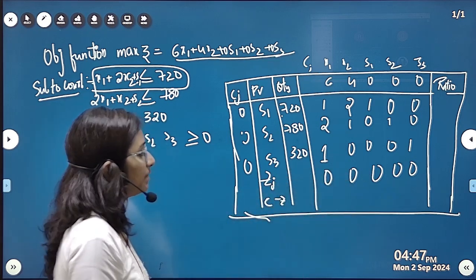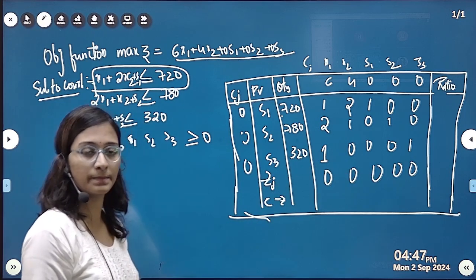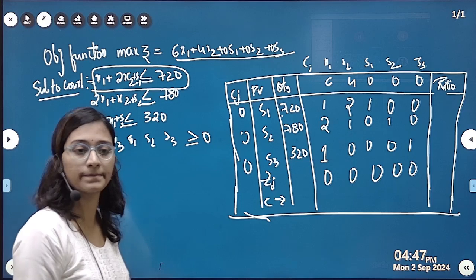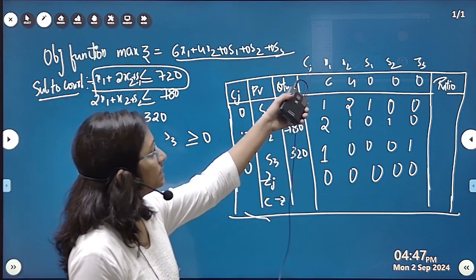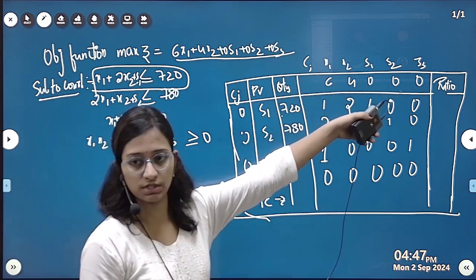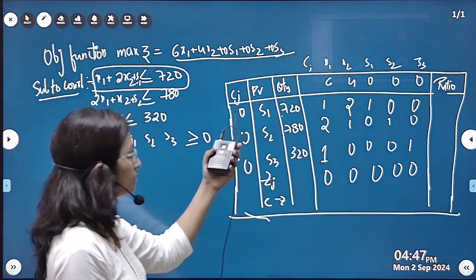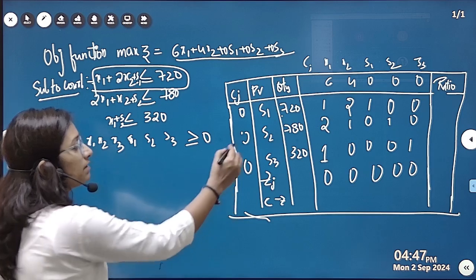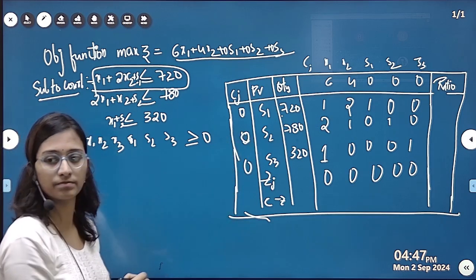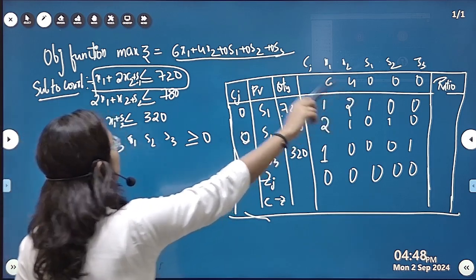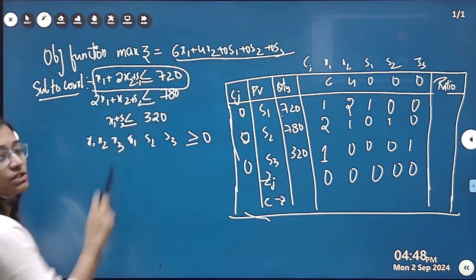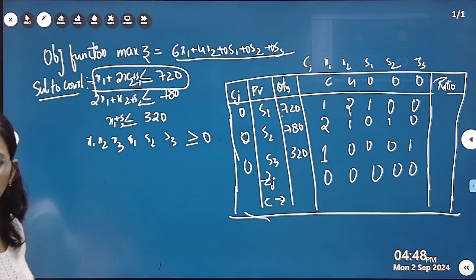So next what will be Cj minus Zj value? What's the Cj value here? Cj values are 6, 4, 0, 0, 0, right? This is also Cj value. But these are the values of slack variables. But these Cj values are the maximization function values. Okay?